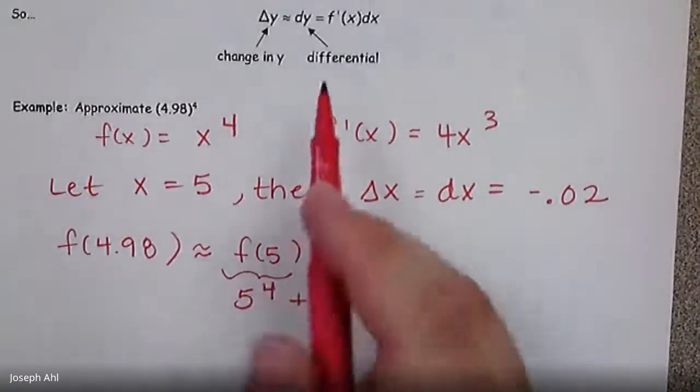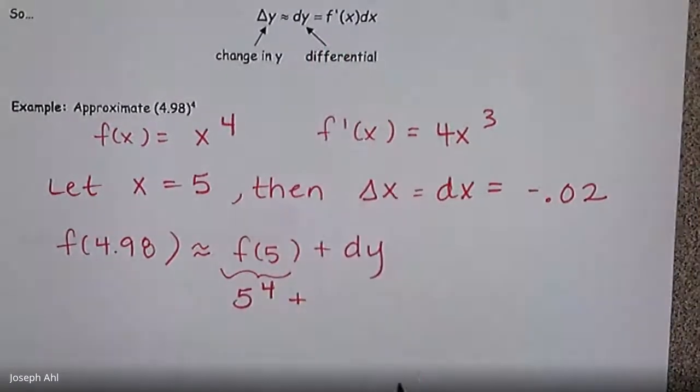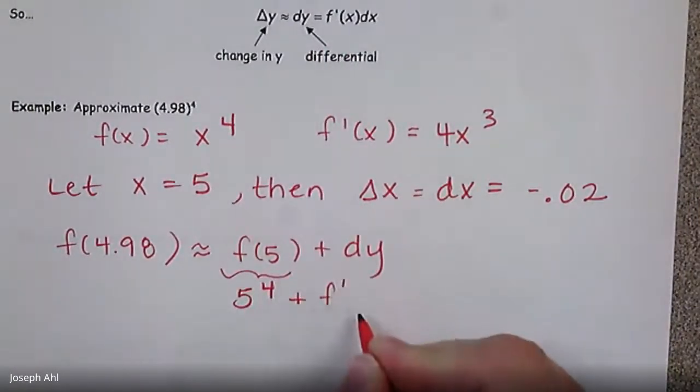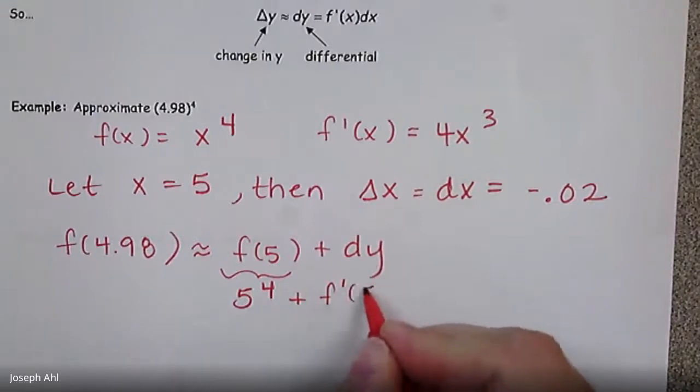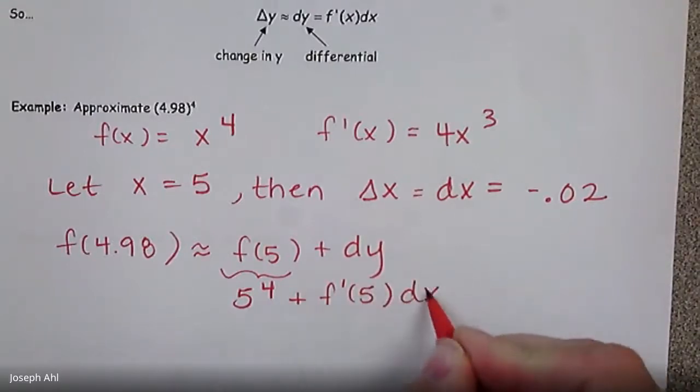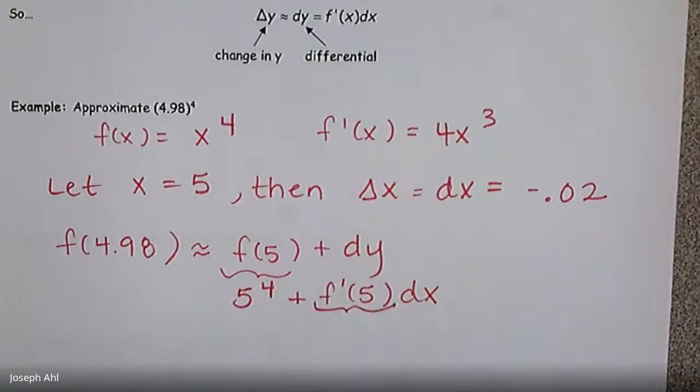But the dy, that differential, is f prime of x dx, so it's going to be f prime of 5 times our dx, where we know f prime of 5 is going to be 4 times 5 cubed. And then the dx in this case is negative 0.02.